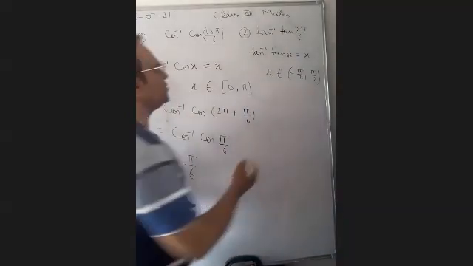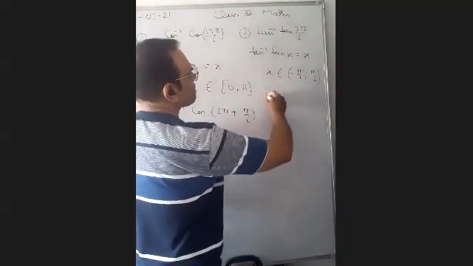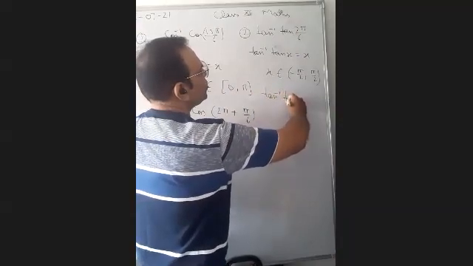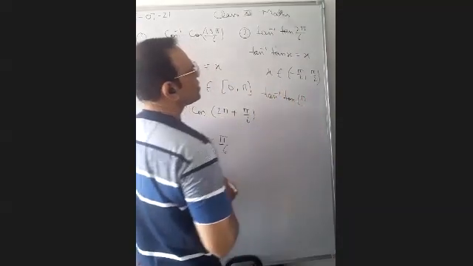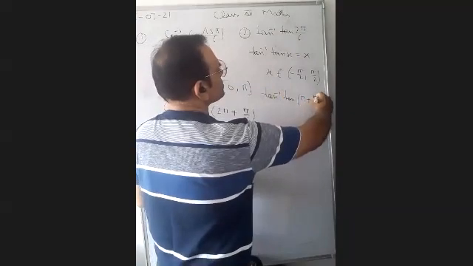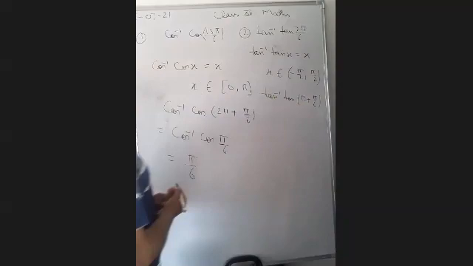Okay, how will we convert? The same way you have to convert tan inverse tan. You can write here pi plus pi by 6. If you take LCM, that will become 7 pi by 6.